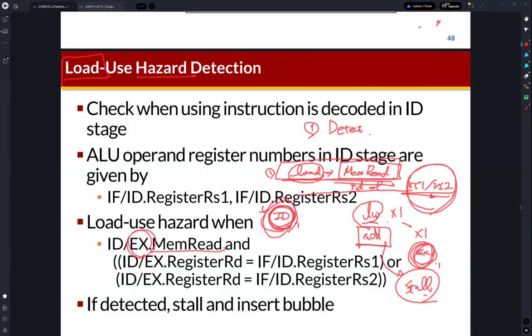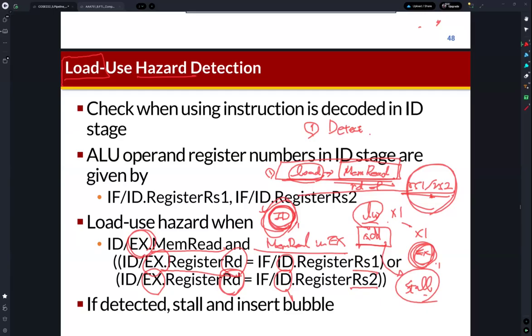So we need to check the mem read in EX, which means the load instruction, and then check the RD of the EX stage. Then we check RS1 and RS2 in the ID stage. This is the basic condition of the load use data hazard, right?